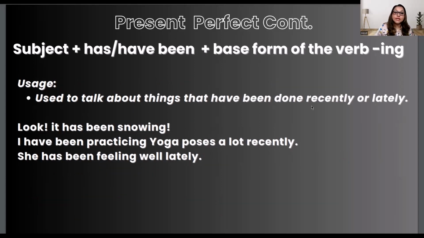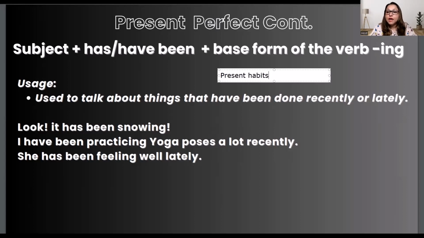Look, it has been snowing. I've been practicing yoga poses a lot recently. So it's continuing, and it's about your habit. If I keep it simple, your present habits, current habits. I've been practicing yoga for 2 years now.